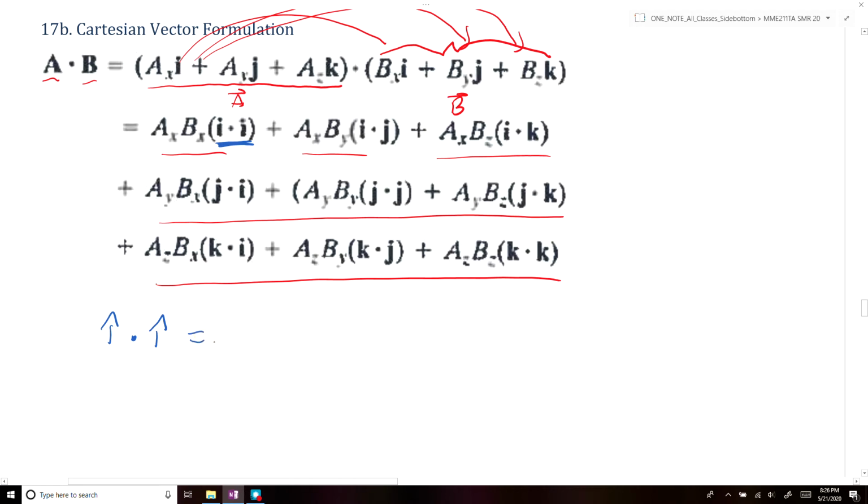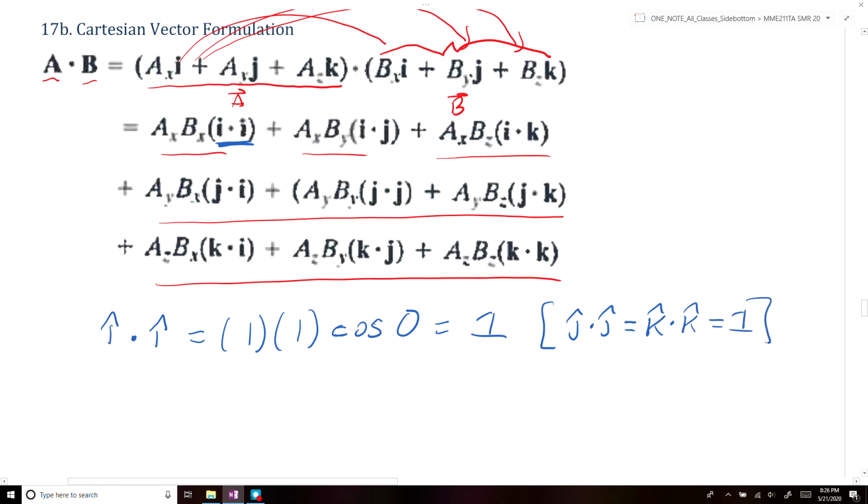In this case, the magnitude of unit vector I is 1 in both cases, and they're both going along the positive x-axis. So the angle between them, because they're going along the same direction, is 0, and the cosine of a 0-degree angle is also 1. So I dot I is equal to 1. In a very similar fashion, J dot J and K dot K will also equal 1.